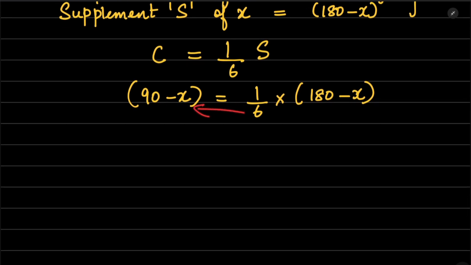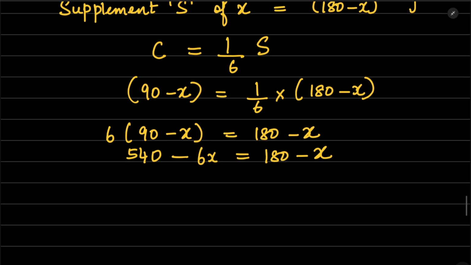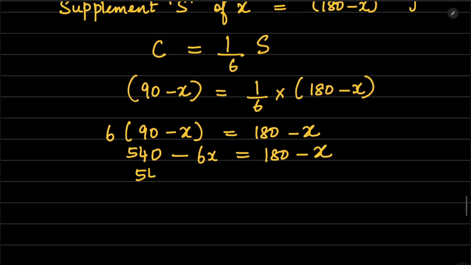Cross multiply, take 6 to the other side. So you'll have 6 multiplied by 90 minus x is equal to 180 minus x. 9 into 6 is 54, add a 0, minus 6x is equal to 180 minus x. Okay, so 540 minus 180 is equal to, take 6x here, 6x minus x. So you have your 5x.